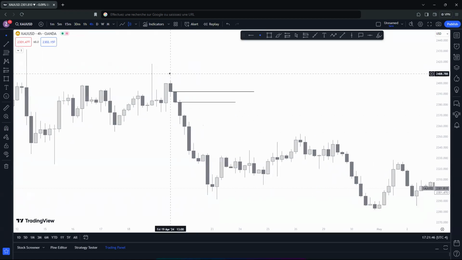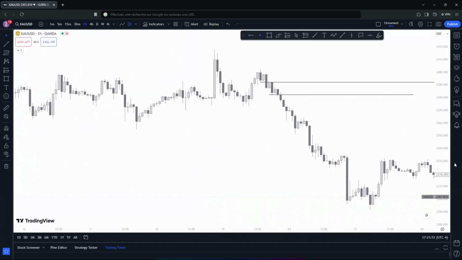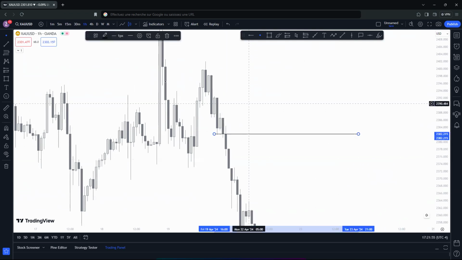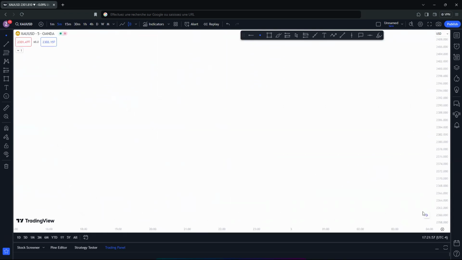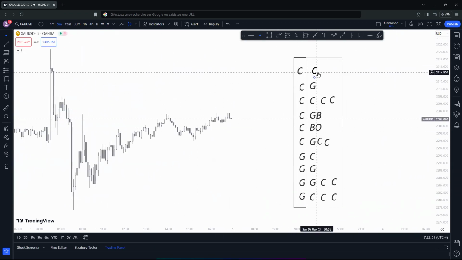So let's just mark these, okay? So H4 gap, when you go to the H1, here we have H1 gap. So that is also an equilibrium. Okay, you got my point, guys? So for these two setups, they're called equilibrium, CC.